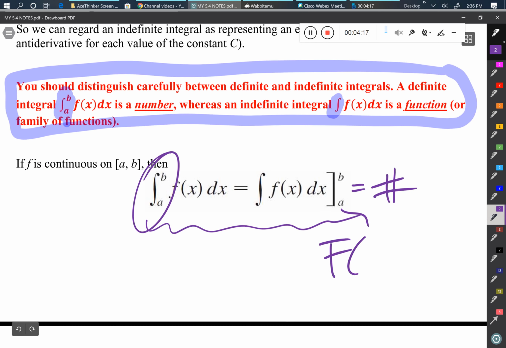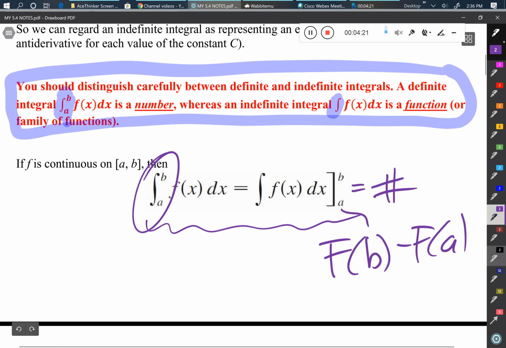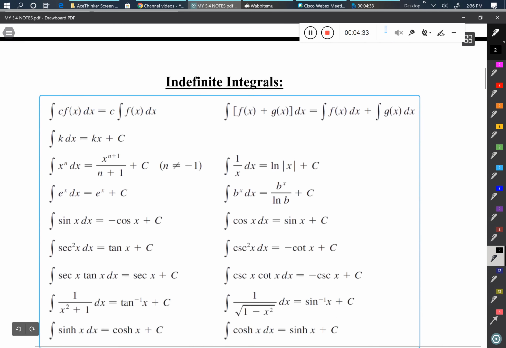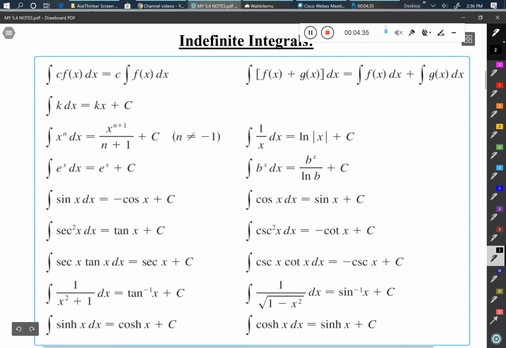More specifically, it's going to be F of b minus F of a, where this capital letter F represents an antiderivative of the integrand in our original expression. What this allows us to do is take that table of antiderivatives and rewrite it as a table of indefinite integrals.